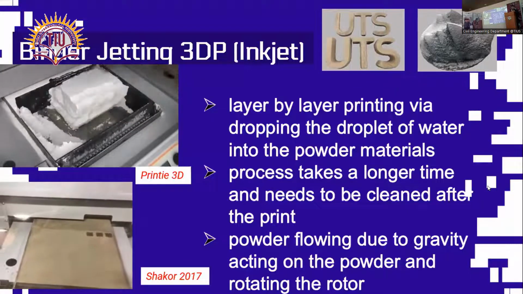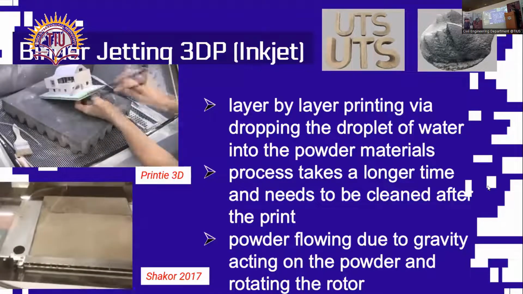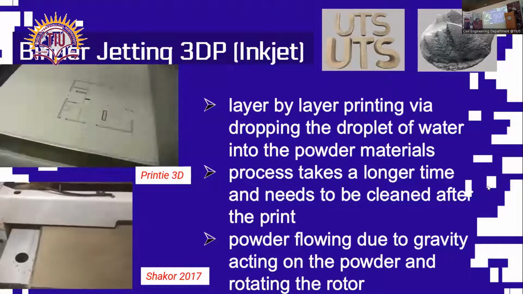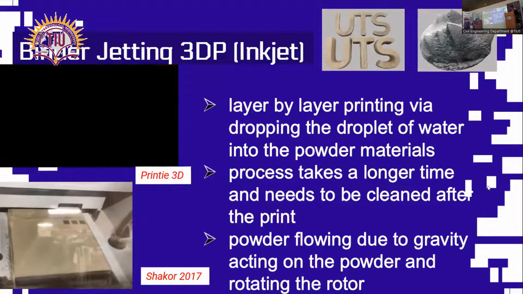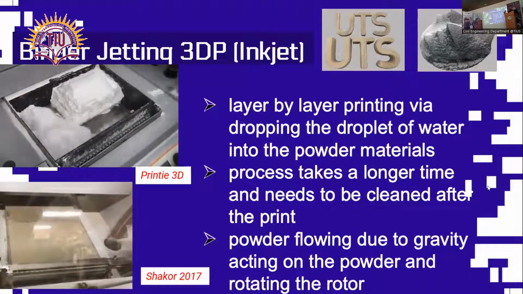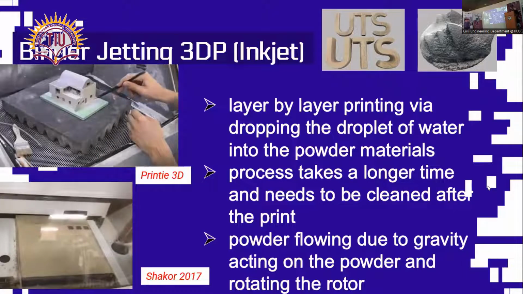This process is layer by layer as well, but using droplets of water on the powder. And the process actually takes longer than the extrusion process. Also, the powder flows from the back of the printer, instead of paper coming out, powder comes out.